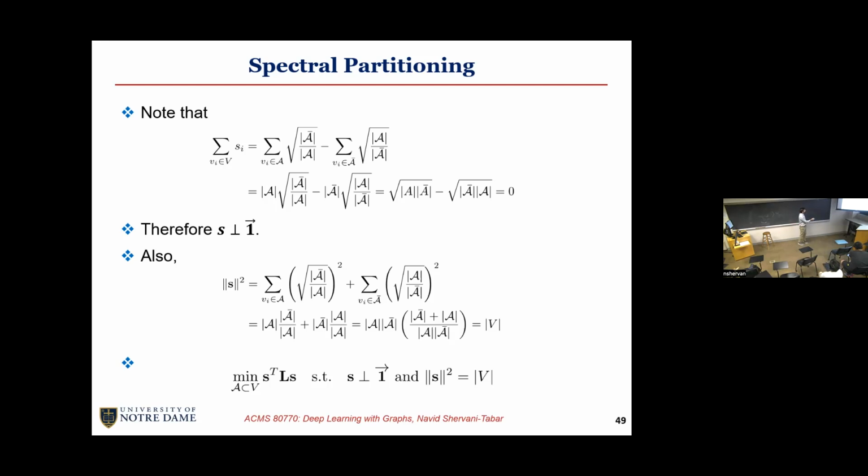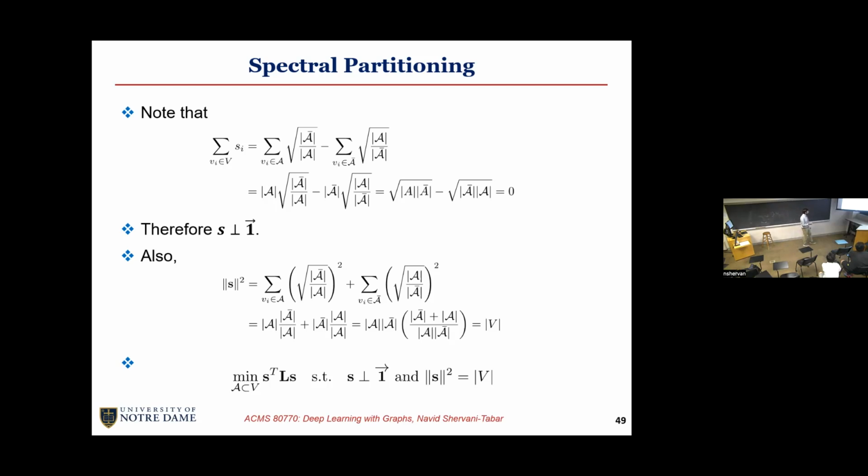So this cancels out with this A. It's gonna basically have the square root of A bar minus the square root of A bar. It's gonna give us a 0. And since the sum over all elements of S_i is 0, it means that it is perpendicular to the vector of 1s. So that's one constraint for our optimization problem.